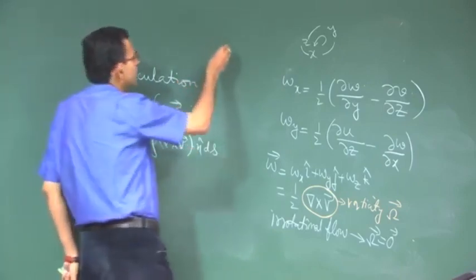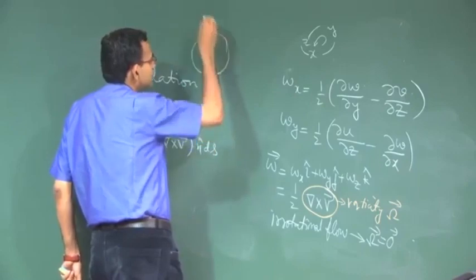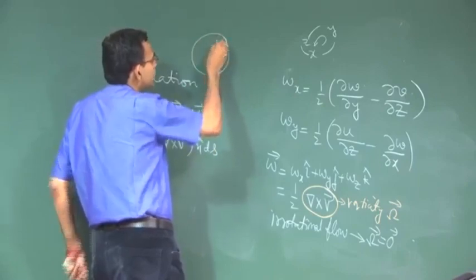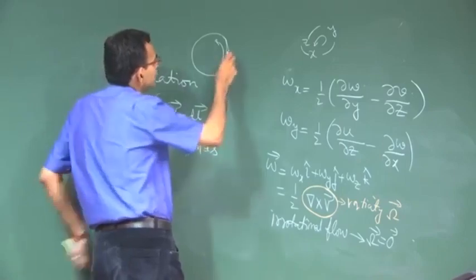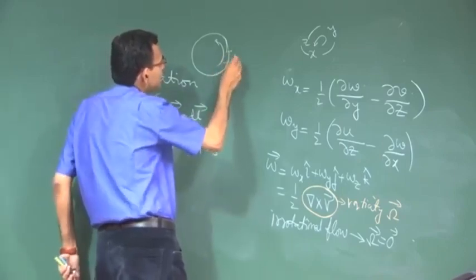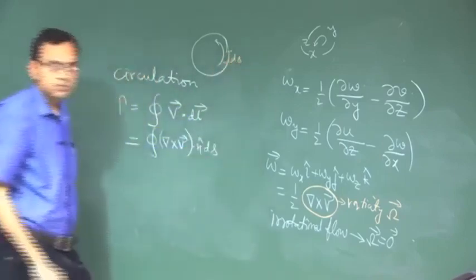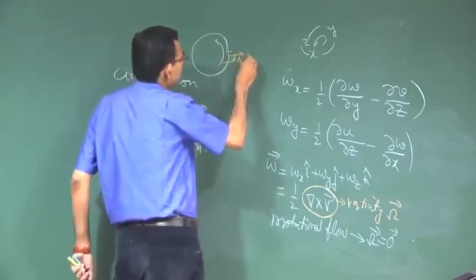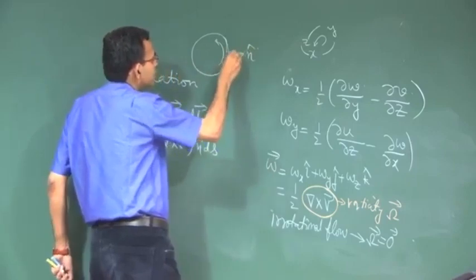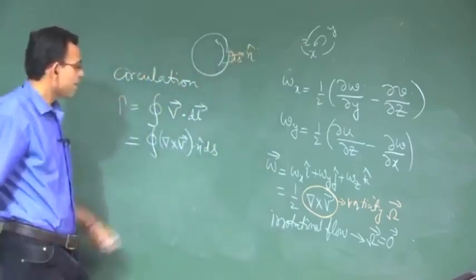Let me draw a schematic to illustrate this. If you have a closed loop like this, you can take a small ds, and the normal vector to this is eta.